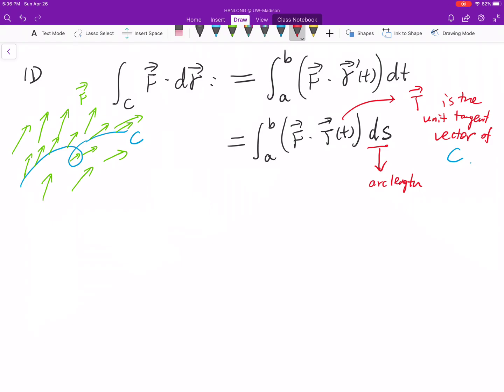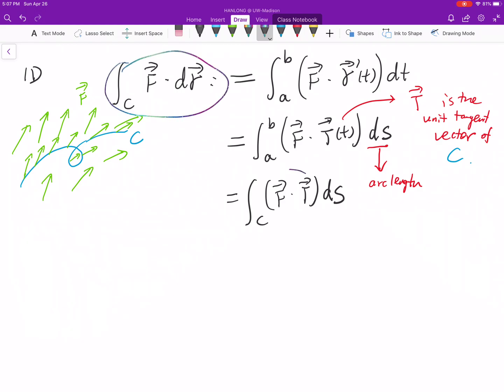Or if you like, you can probably better write down in this way, then it's independent of coordinates: integral over C of F dot T ds. Okay, so if you look at this part and this part, you note that what we did is transform the line integral of vector fields to a line integral of a function.